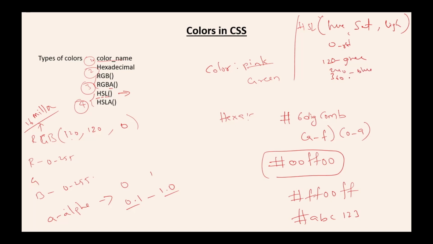Again it is red, green, blue only, but a different way to represent RGB. Saturation and lightness are represented as percentages, and when we reach 100% we get the original color. Saturation is nothing but the shade of the color, and we will check how it works.